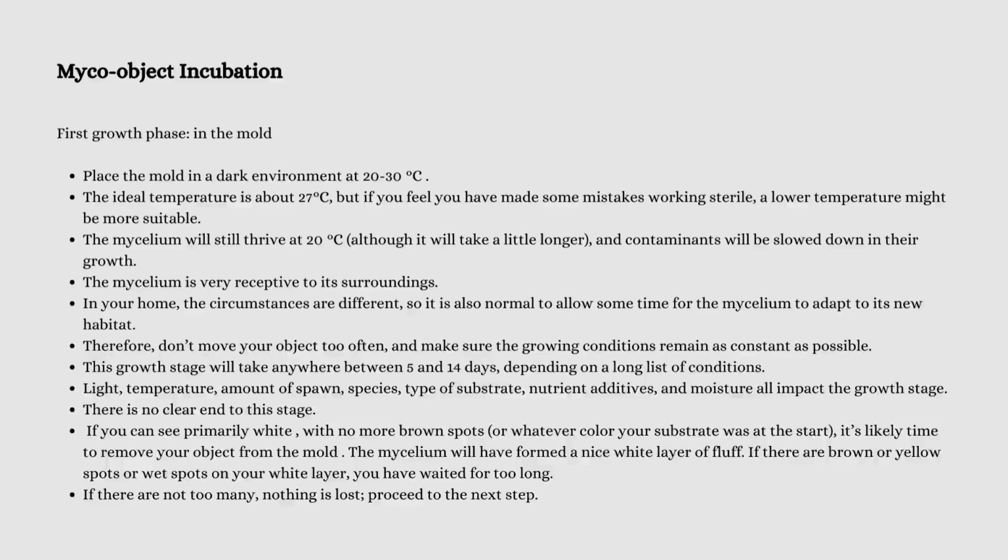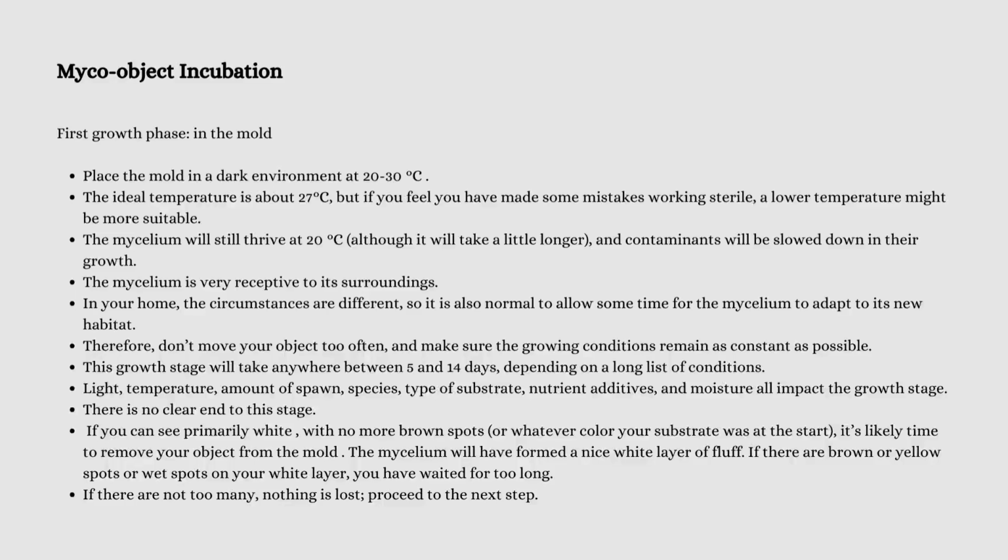And the outer surfaces that were in contact with the molds will grow. Normally there's a sort of membrane or skin that can form there, and that can be a nice aesthetic that you're looking for. Sometimes you don't need that. It will definitely make your object more sturdy. But again, this is all up to your discretion and what you want to do. You definitely can just do the one grow phase and then dehydrate.